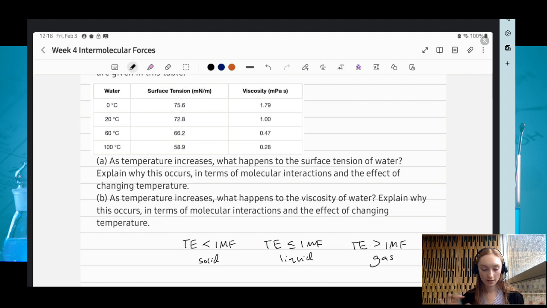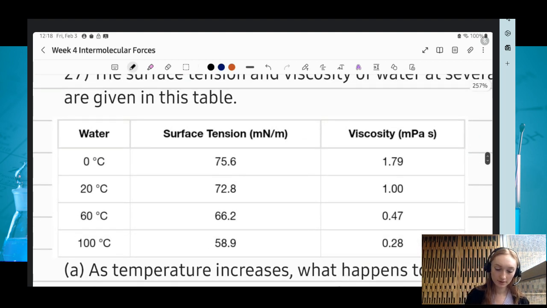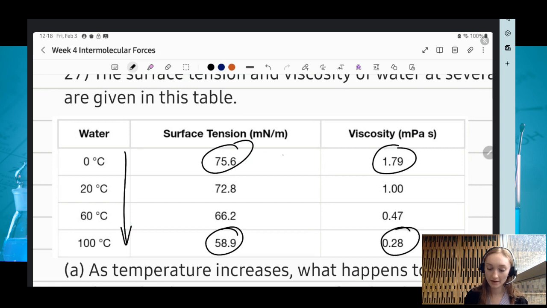So on that basis, if we look at this table, the temperature of the water is going up, so thermal energy is going up. And because the thermal energy is going up, the surface tension and the viscosity are going to get lower, because it's going from 75.6 to 58.9. The viscosity is going from 1.79 to 0.28.